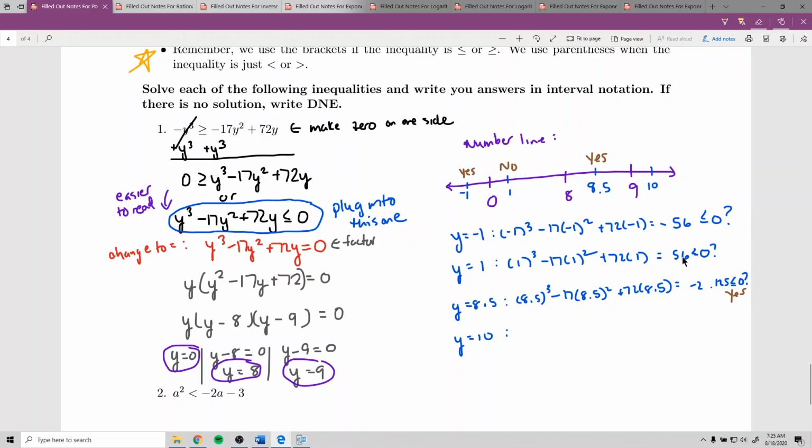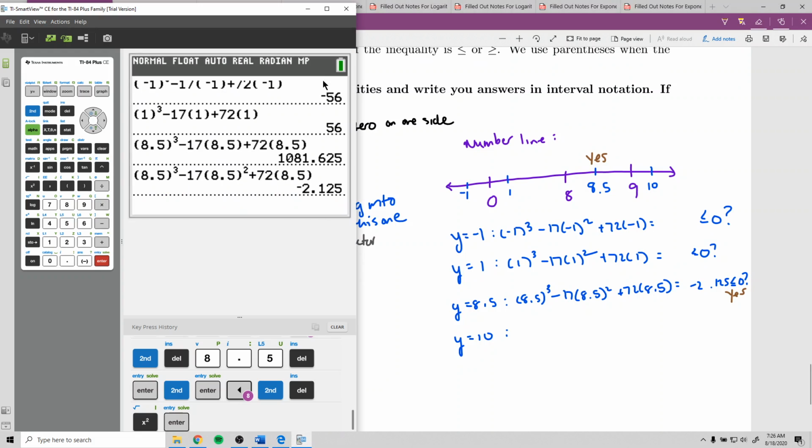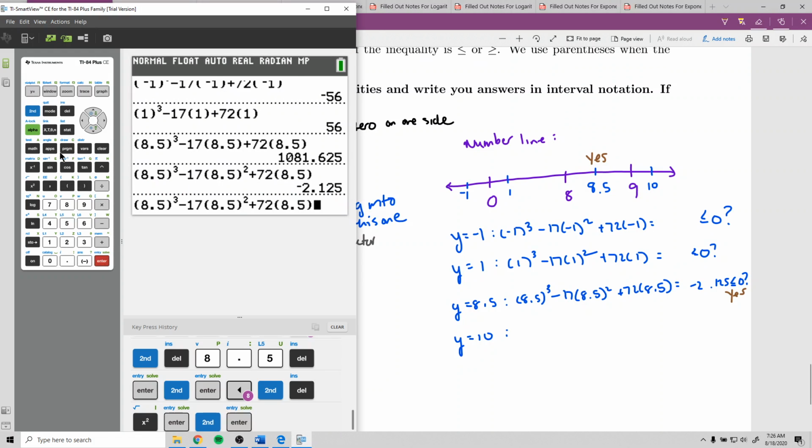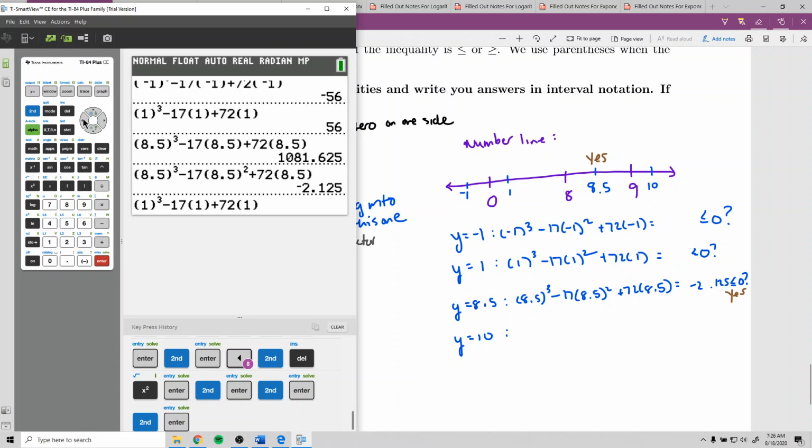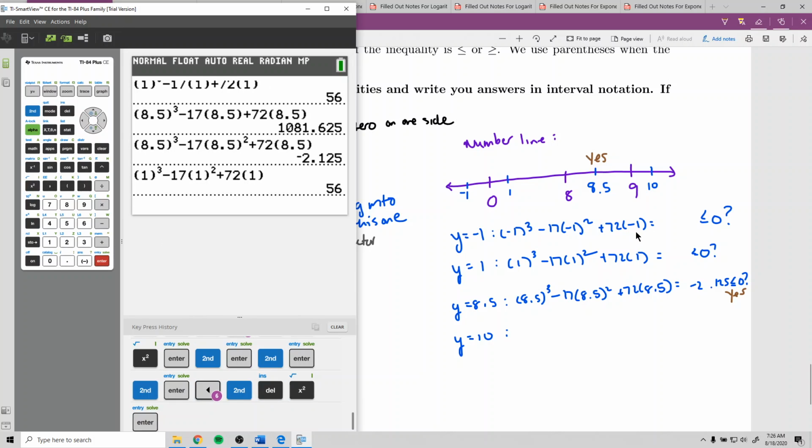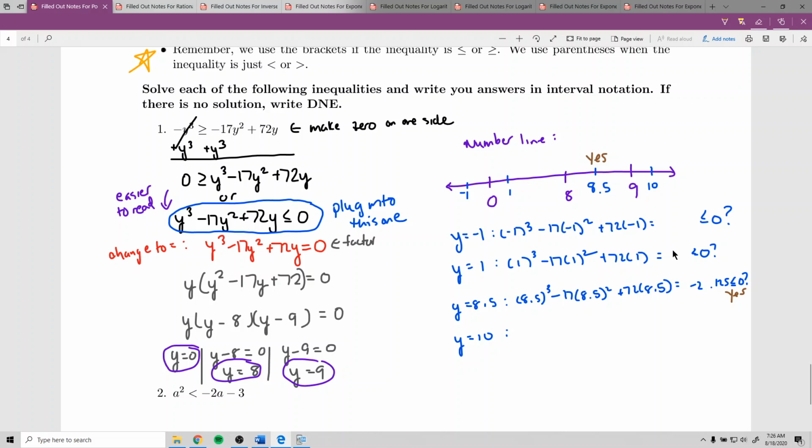So I know that one's right because I fixed that one. Let's go ahead and redo 1 and -1 though. So I don't know if those are yes or no because I forgot the squared. So that's second enter. I'm just going to hit it a few times so it goes back to this one. I want to insert my squared here. Oh, and because it's 1, it's still 56 because 1 squared and 1 are the same. So this one is still 56.